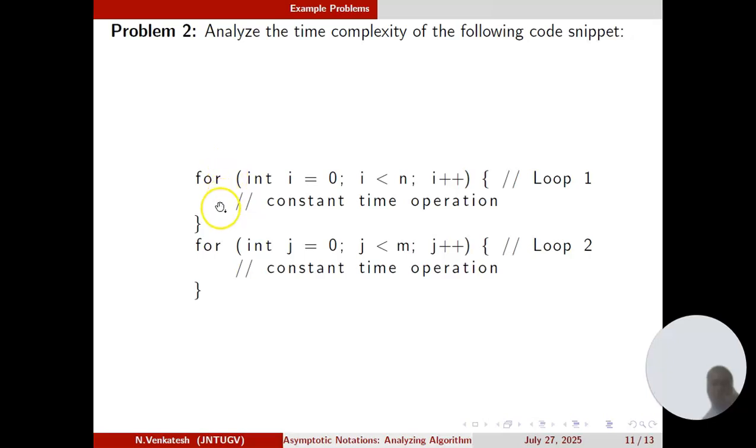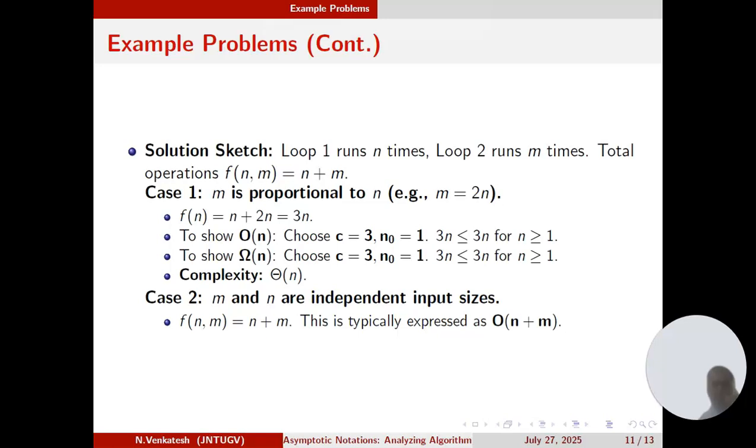Similarly, if you have two for loops, one followed by another, the first for loop takes n times and the second for loop takes m times, then the time complexity is n plus m. The function is n plus m.